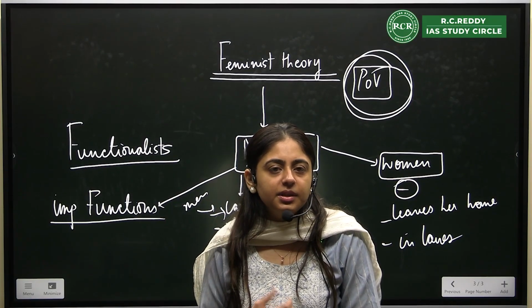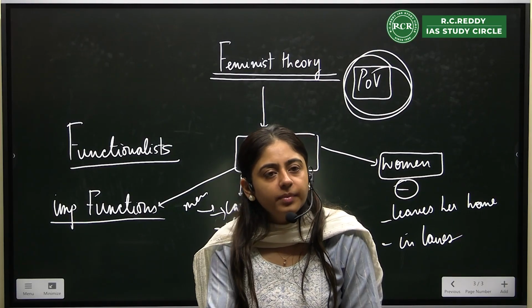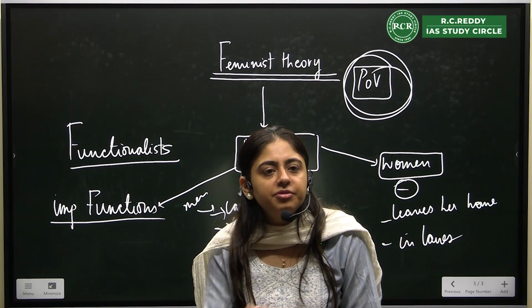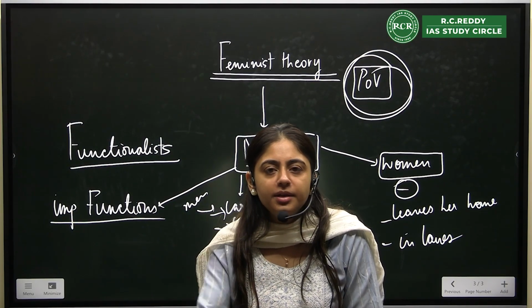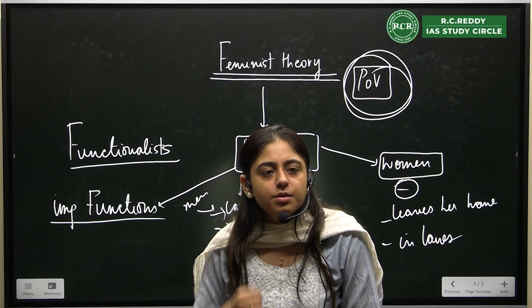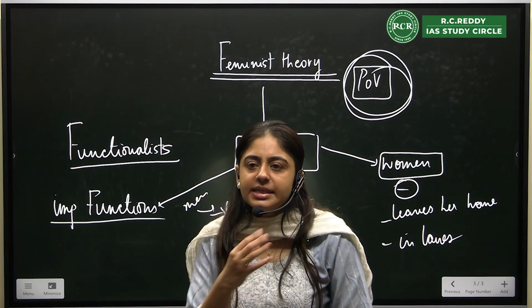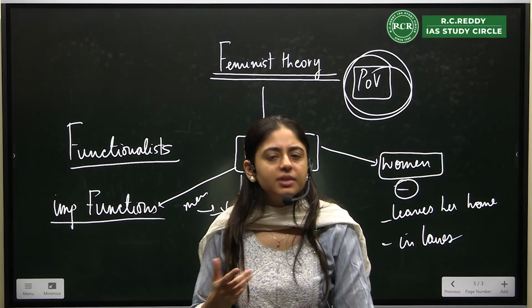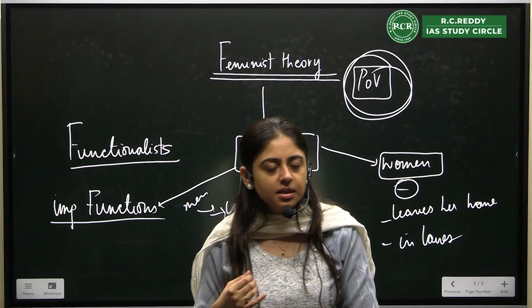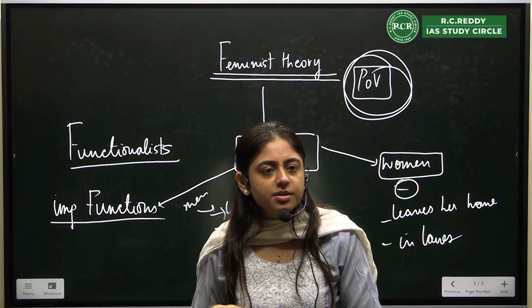If a few of you have attended my society lectures, I've given an example there. Treat it like this. This is the room, right? In this room there is an elephant, and four blind people enter the room and are asked to describe this elephant. How will they describe it? They cannot see it with their eyes. They will touch different parts of the elephant.